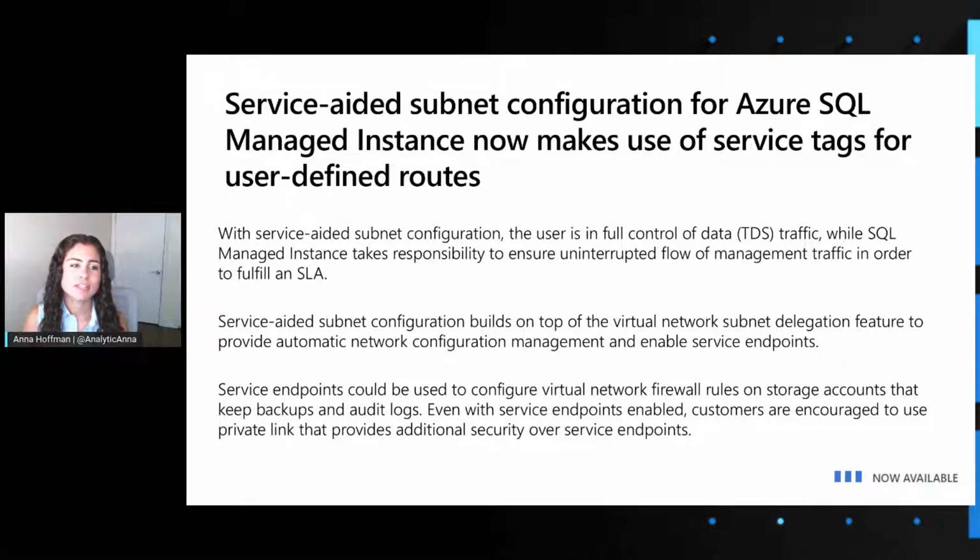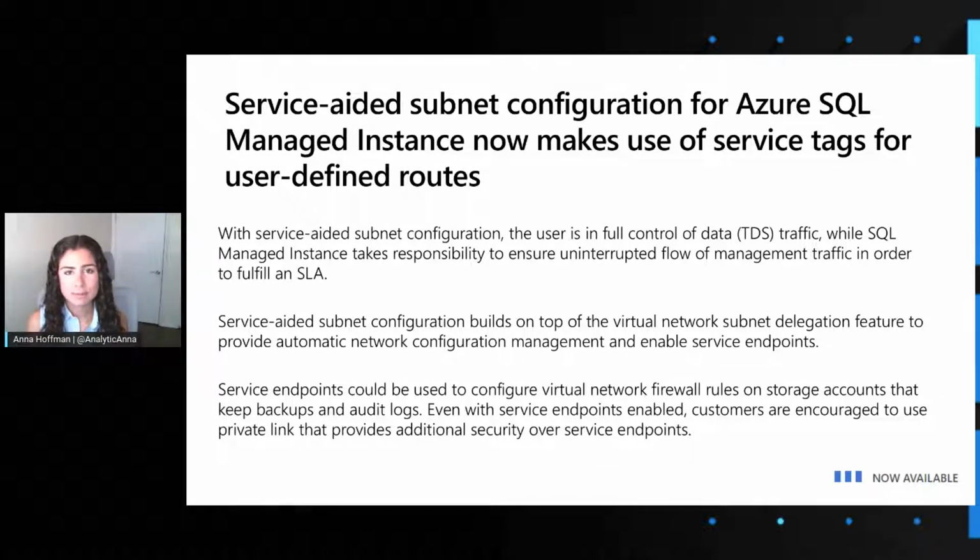This update is around service-aided subnet configuration, and it now allows customers to make use of service tags for user-defined routes. Basically, it adds the ability to add network subnet delegation to certain service tags.